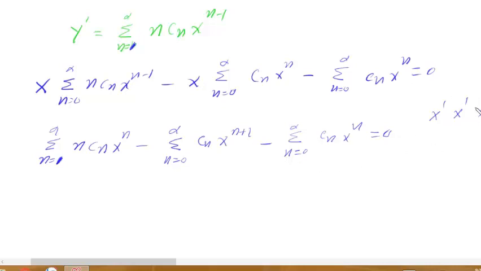Now we can expand one term, then the powers become equal. This is minus c_0: we take this term first and then write this term.